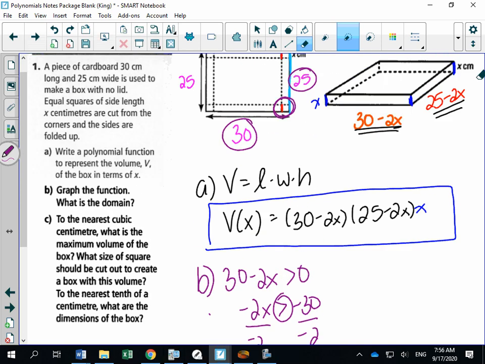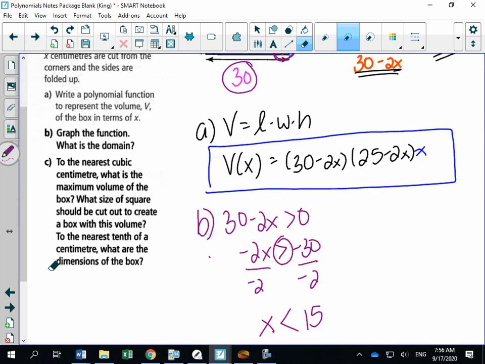Then I'm going to take, let's take this guy, 25 minus 2x. So 25 minus 2x, I'm going to do the same thing. I'm going to say that that has to be greater than 0. So I'm going to isolate for x, and when you're doing an inequality, you want x on your left-hand side. So subtract 25 from both sides, and you get negative 2x is greater than negative 25.